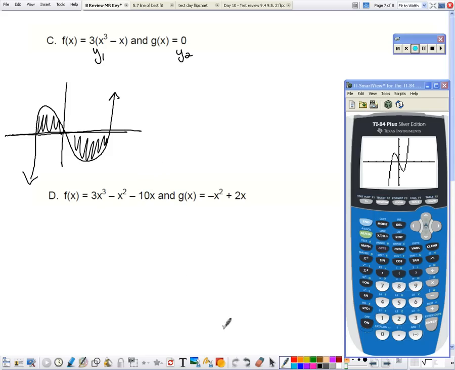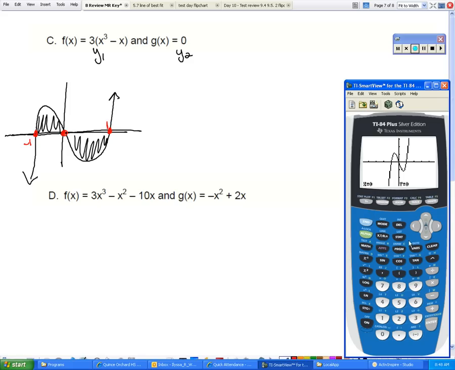So finding the integrals, I'm going to have to do two pieces. First, I need to find all of these x-intercepts. This one's at -1, this one's at +1. If we hit trace, go over to -1, it's at 0.